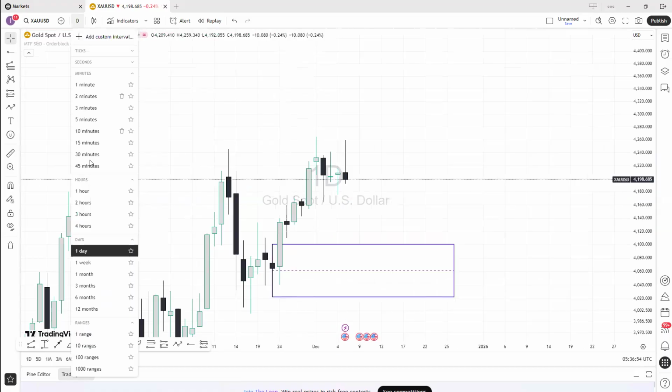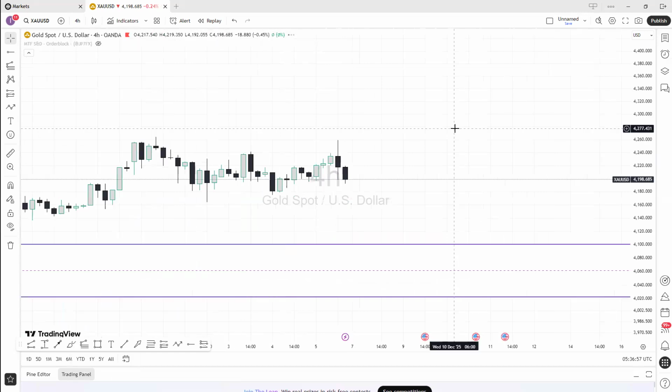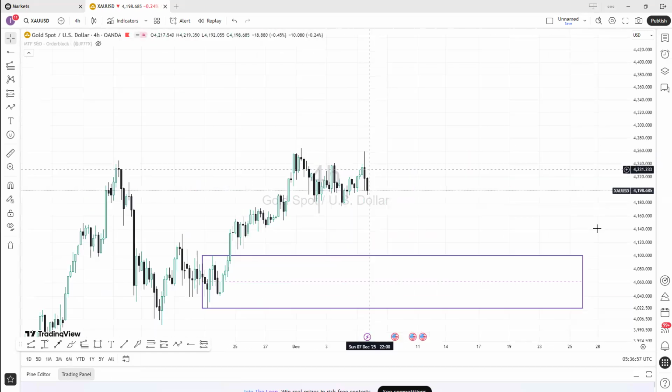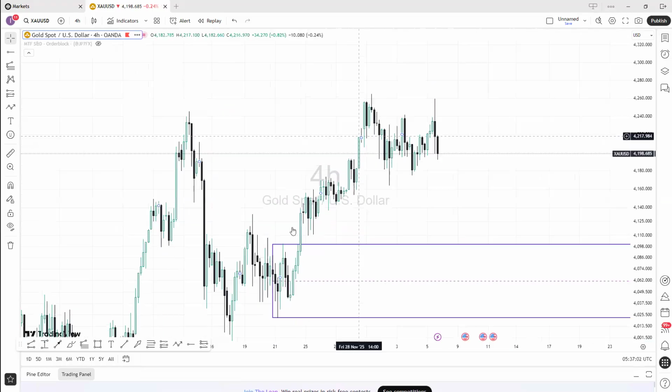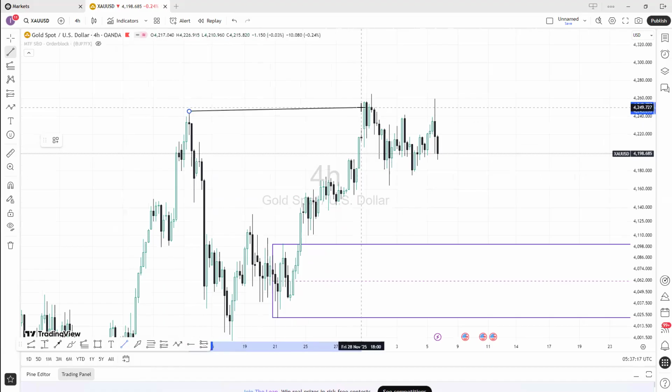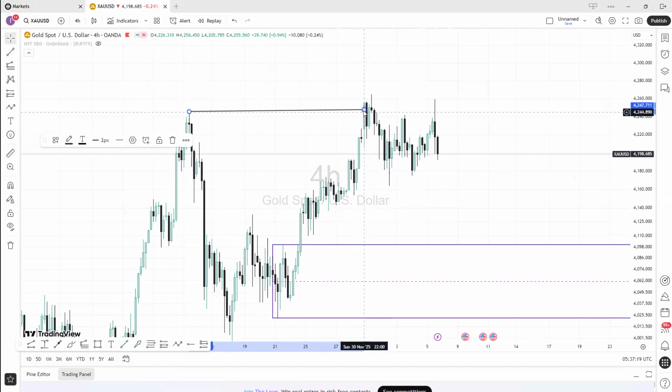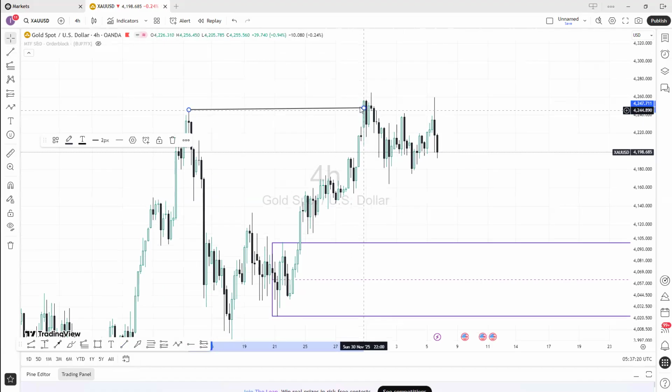Shift your time frame to a lower time frame from the higher time frame. And for the higher time frame, we have market structure like this. Okay. Let's start to analyze this market structure. Here we have a liquidity sweep. You can see there is a very beautiful liquidity sweep over here.